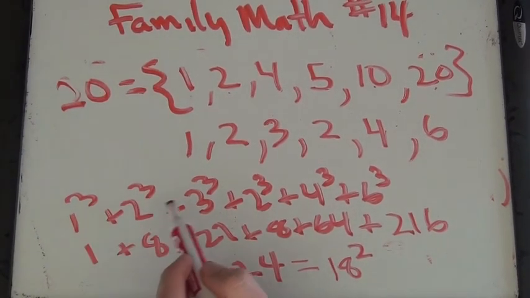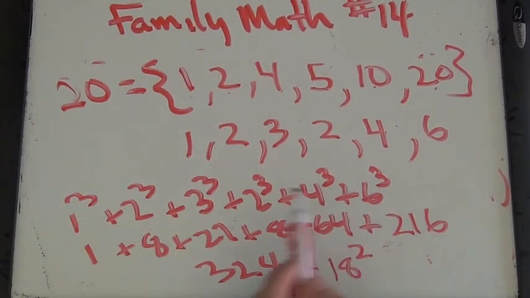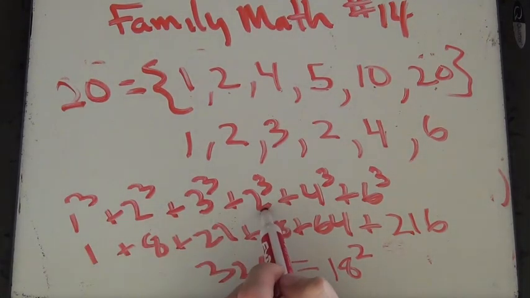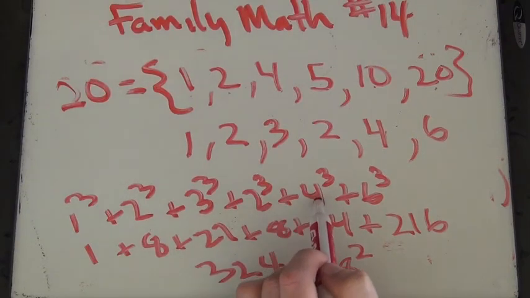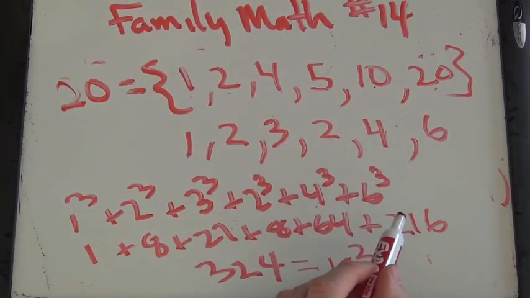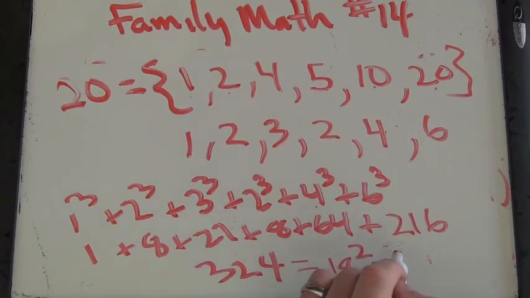And what is 1 plus 2 plus 3 plus 2 plus 4 plus 6? Well, 1 plus 2 is 3. Plus 3 is 6. Plus 2 is 8. 8 plus 4 is 12. And 12 plus 6 is?